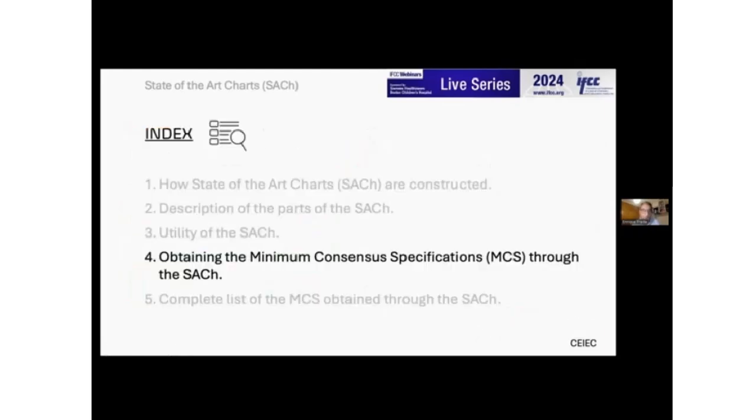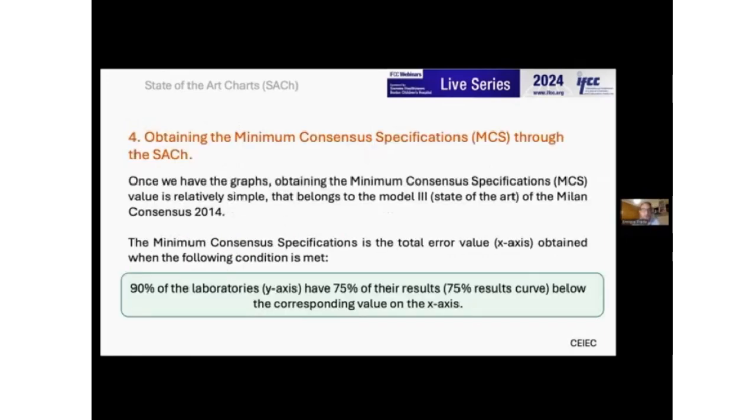How will we do it? We'll go to the y-axis, the vertical axis, and draw a blue line, as you will see now, starting at 90%, leading to the 75% curve. When we reach that intersection point, we draw a vertical red line, and the value we obtain will be the minimum consensus specification that we will assume by the committee.